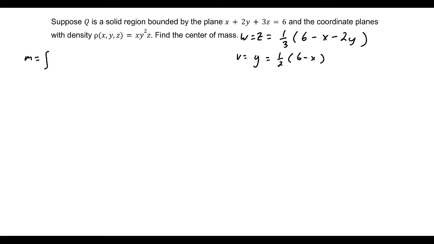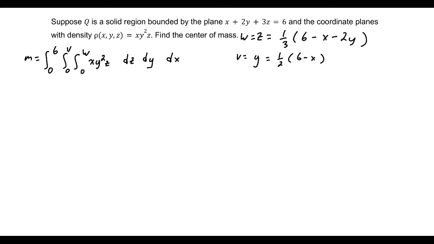So the mass will be the integral from 0 to 6 with respect to x, of the integral from 0 to v with respect to y, of the integral from 0 to w with respect to z, of the function x y squared z.